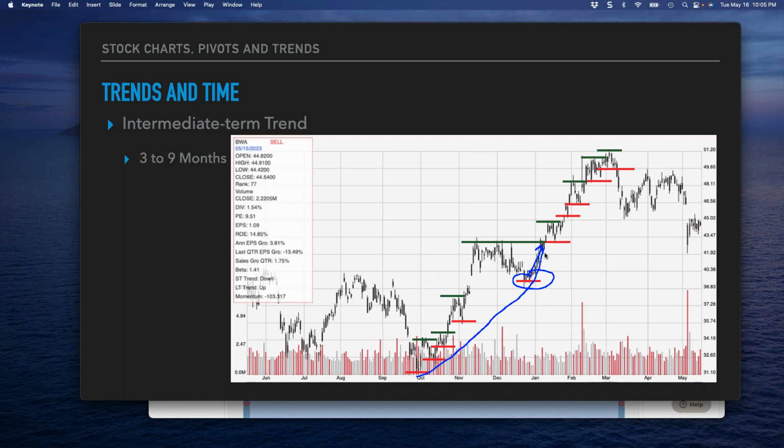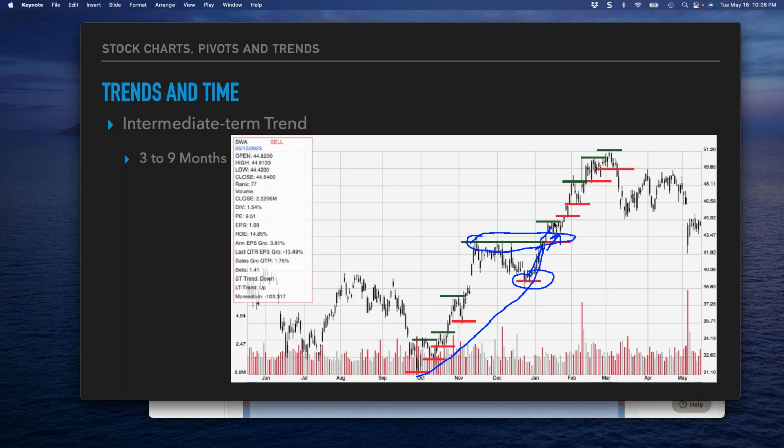Now that means that if the stock can then break above this previous level of resistance, this becomes another signal point where the stock is likely to continue to extend this upward trend into an even longer period of time. We can see that that happened in January.